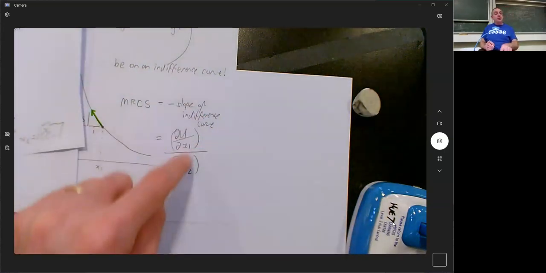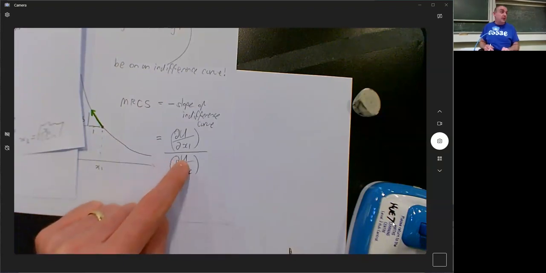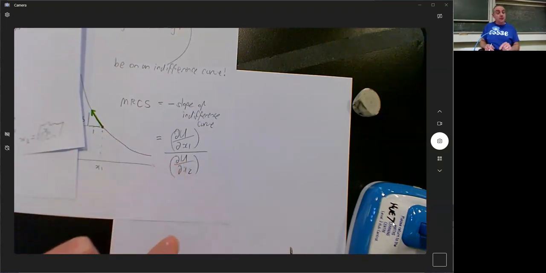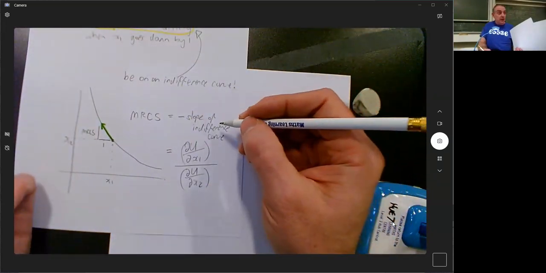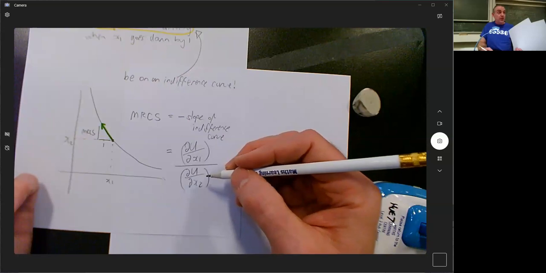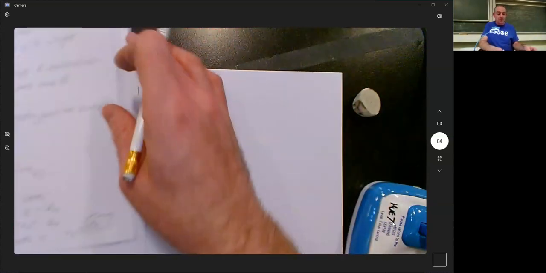So either we have to find the formula for the indifference curve and differentiate it, or we can do this calculation instead, and they will give us the same answer. But one answer will be purely in terms of x1, and the other answer will be in terms of x1 and x2 at the same time. So that's the difference between them.